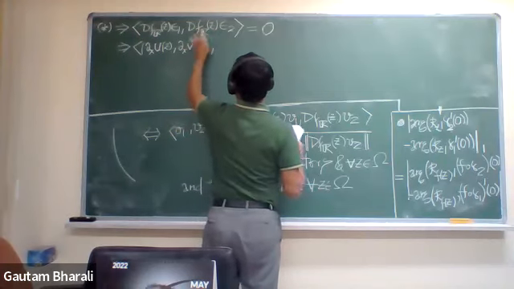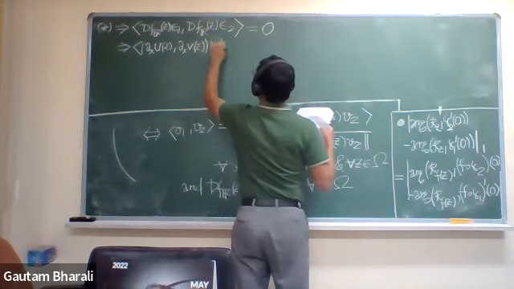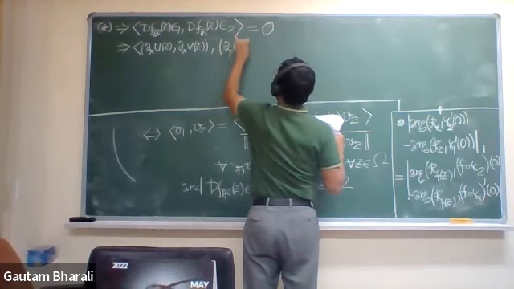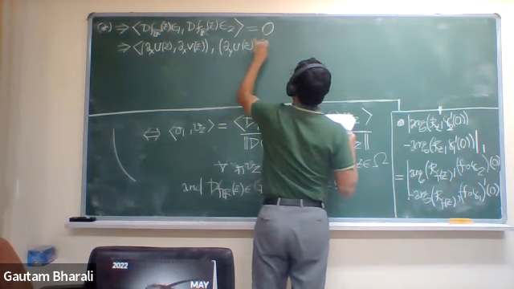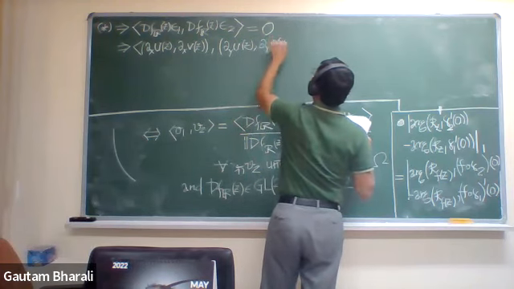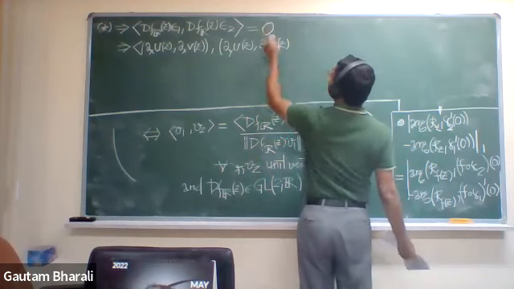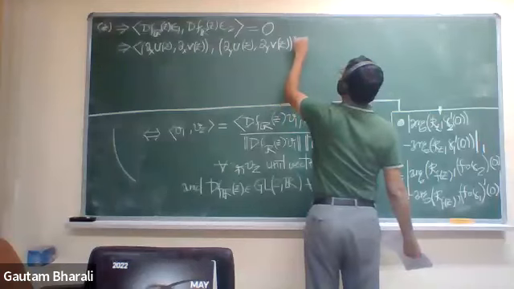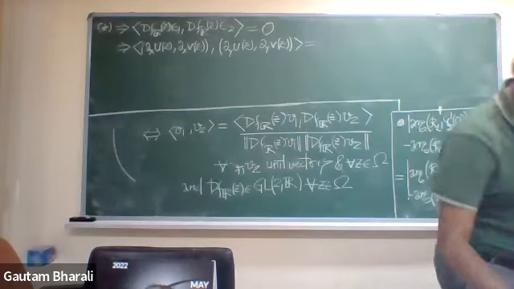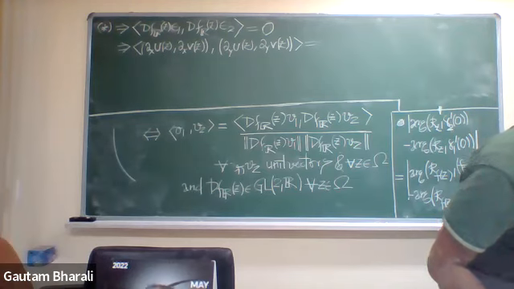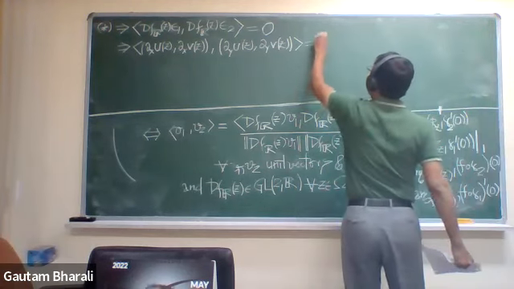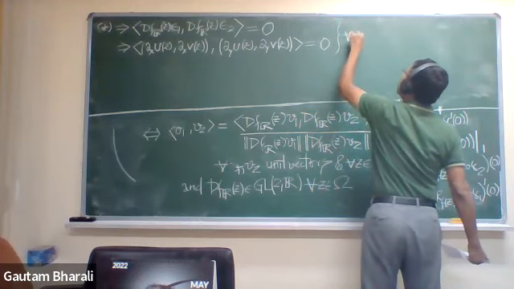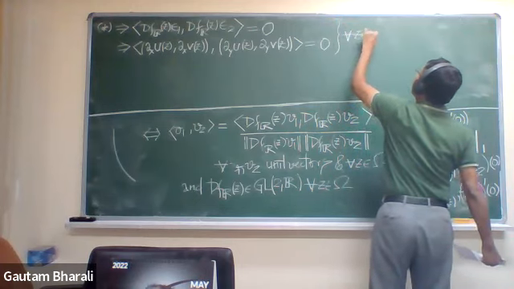So this is one vector, and this vector is going to be del sub y of u at z, comma, del sub y of v at z. So you have this other vector, and this inner product is 0. I have 5 more minutes. And I remind you that this has to be true for all z in omega.